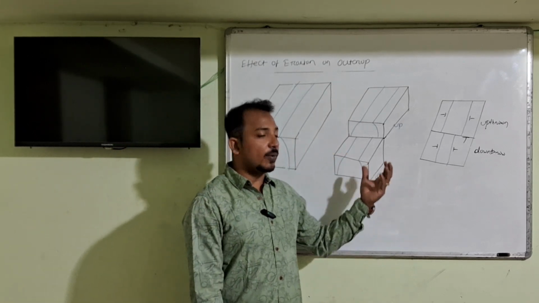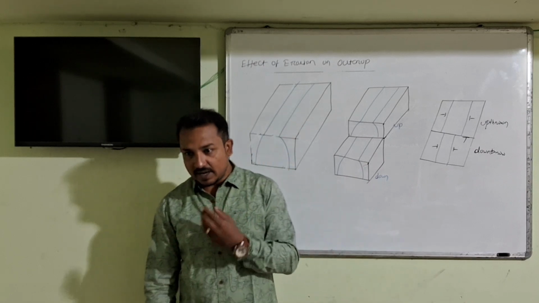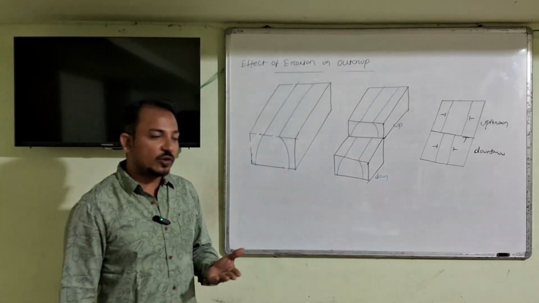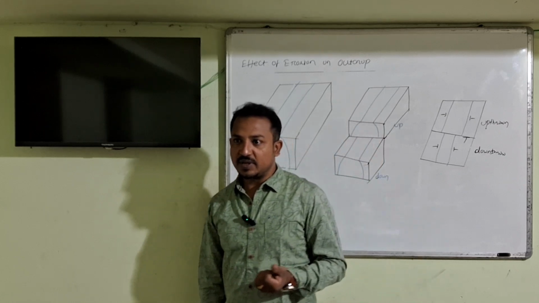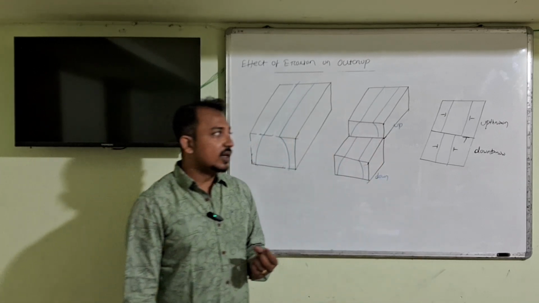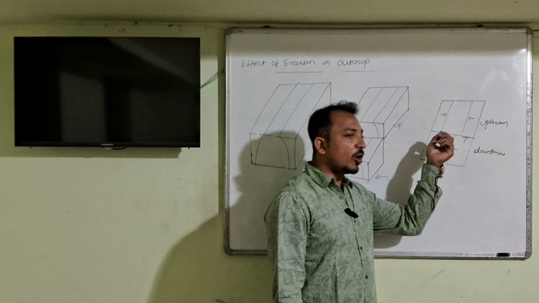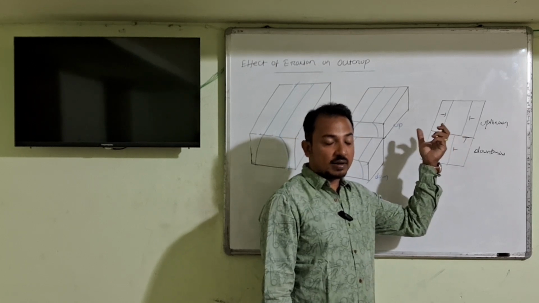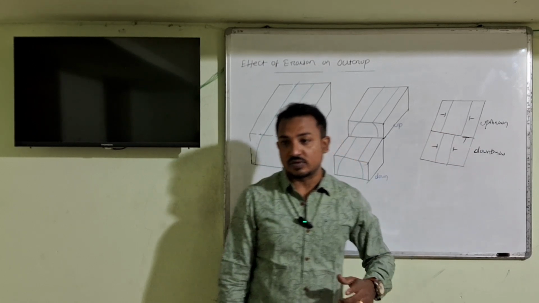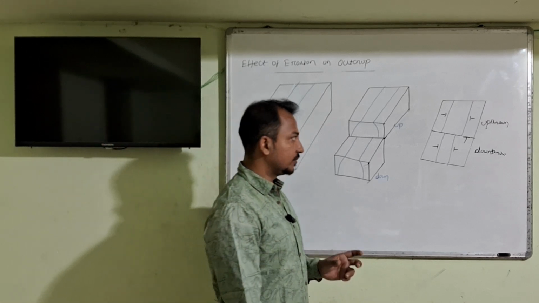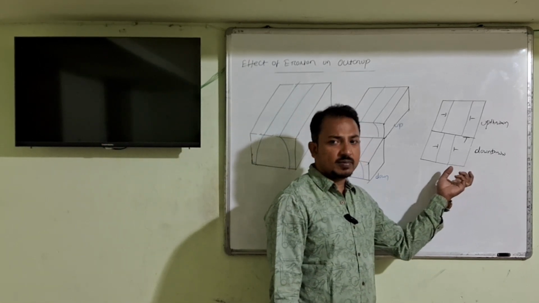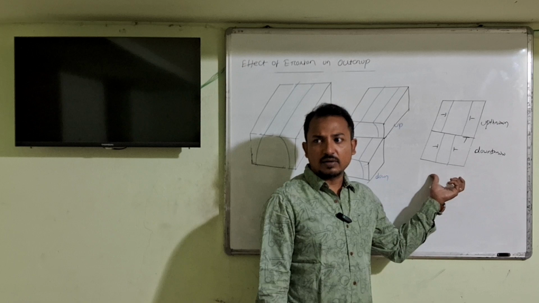So in the case of folded strata, in an antiform, after erosion the spacing between the outcrops increases. So here the broader outcrop will be the upthrown side. Then here the fault plane dips towards the downthrown block, so it will be a normal fault.